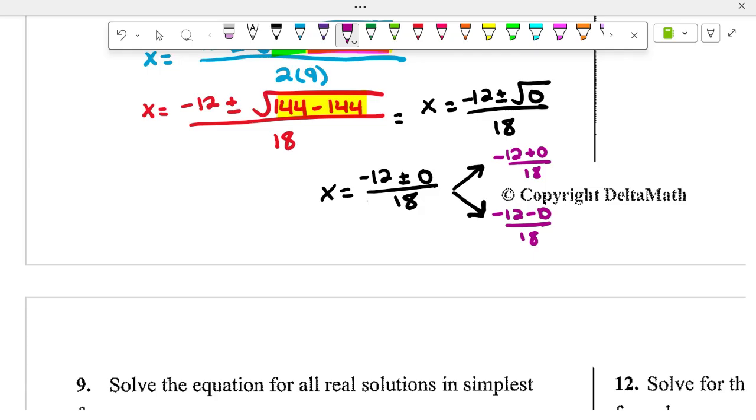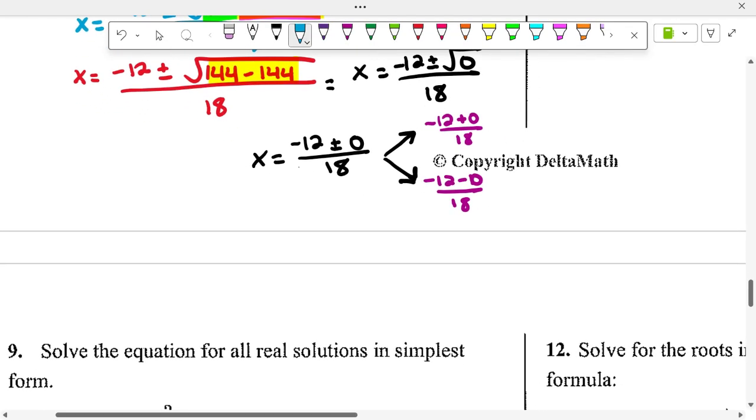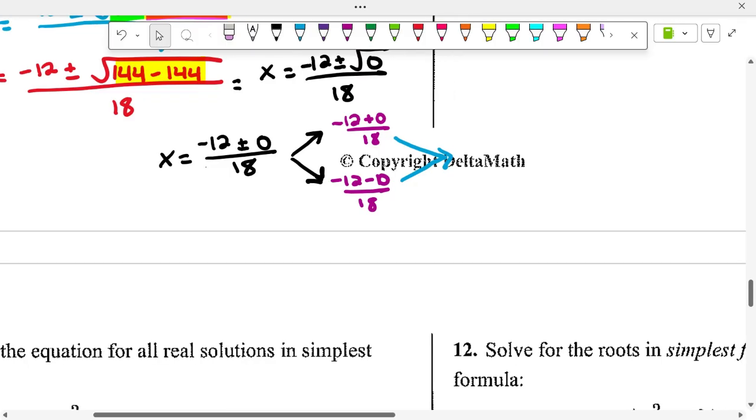Yeah. So we're going to end up getting the same answer for this one, which is pretty rare. Negative 12 plus 0 is negative 12, and negative 12 minus 0 is still negative 12. So I have negative 12 over 18.